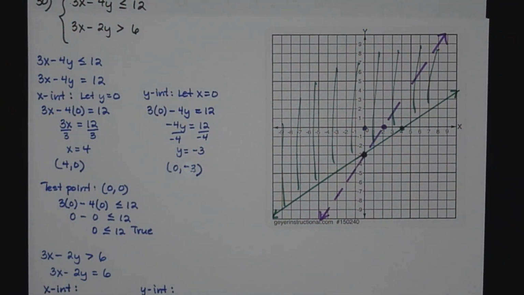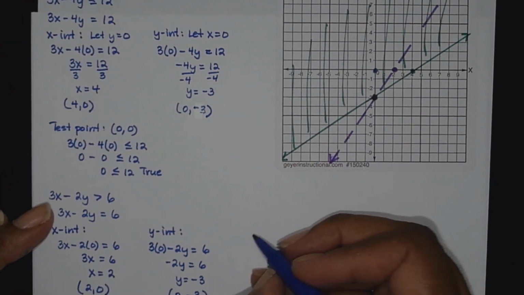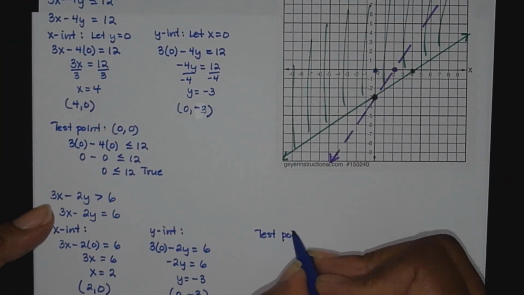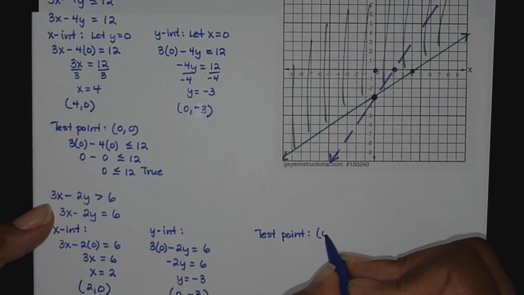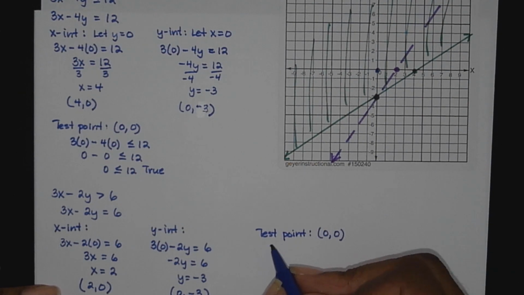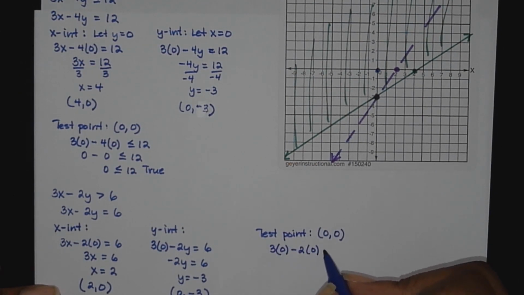And now, let's use a test point for this. Again, I can use 0, 0 because that point is not on the graph. And then substitute the x with 0 and the y with 0, so it'll be 3 times 0 minus 2 times y, which is 0.